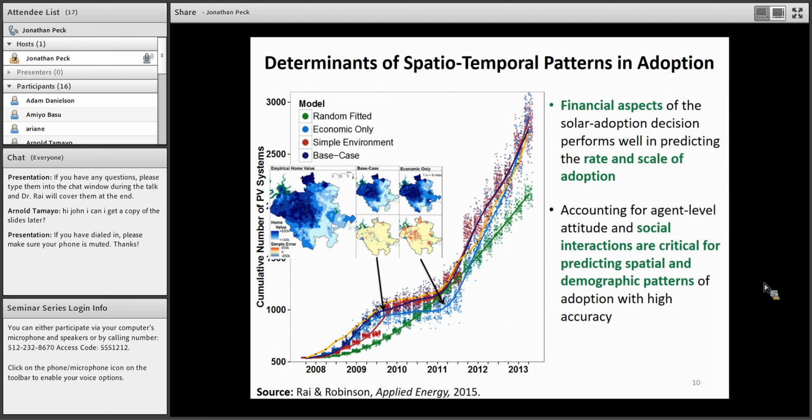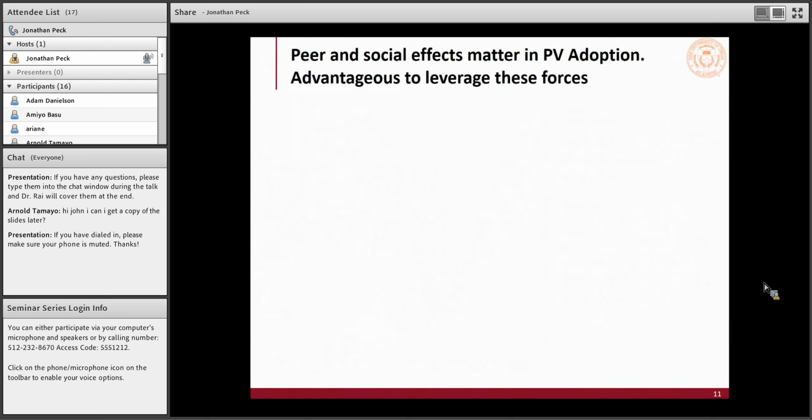So to summarize this part, I would suggest that peer and social effects matter a lot in PV adoption, have been consistently found to be significant, and it's advantageous to leverage these forces. And for that matter, many installers have been trying to do this.